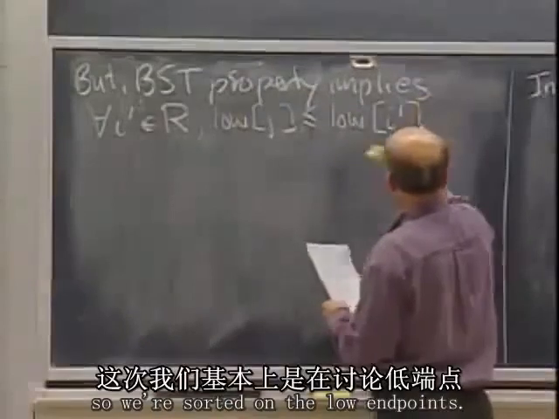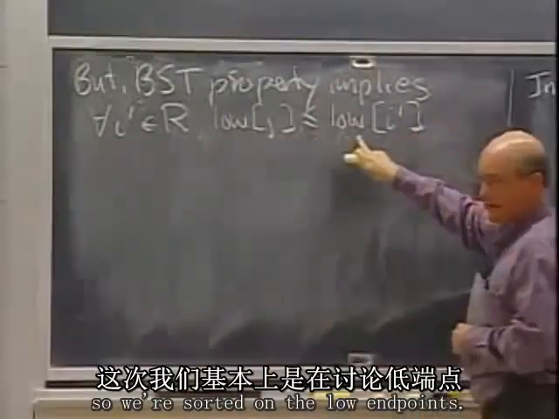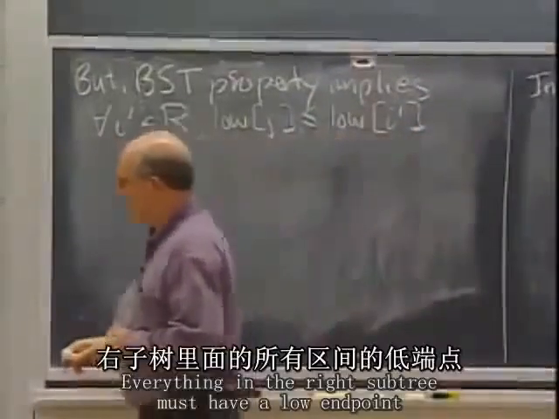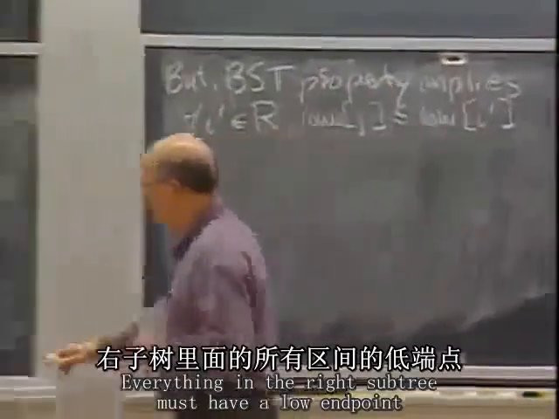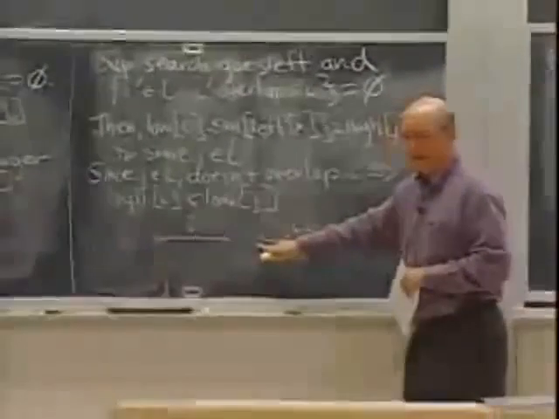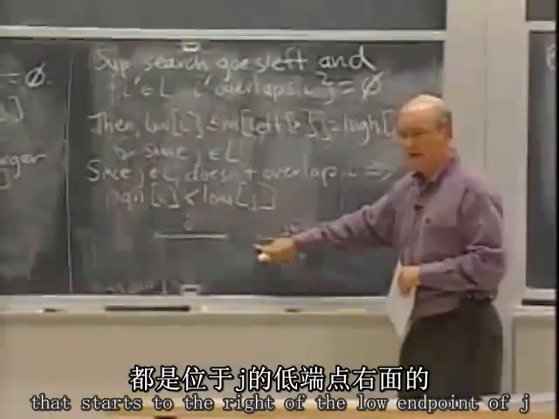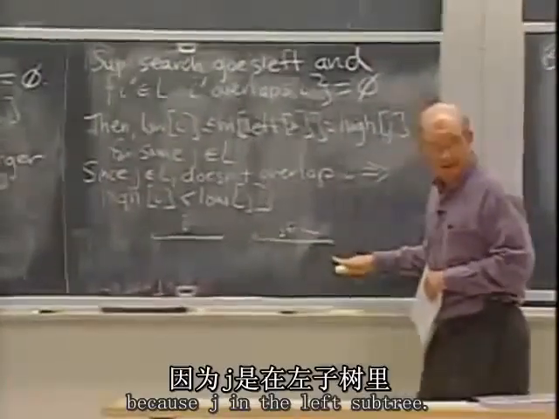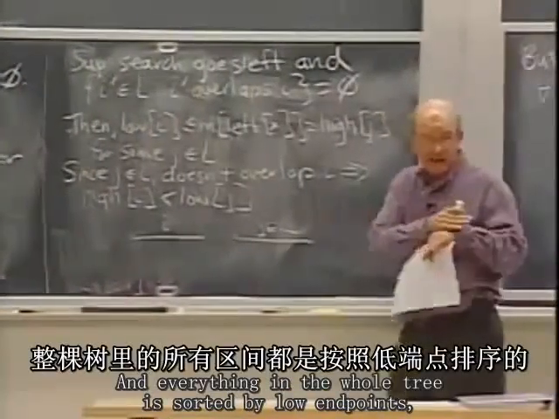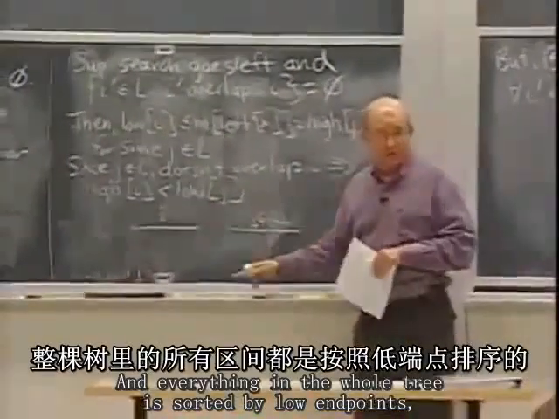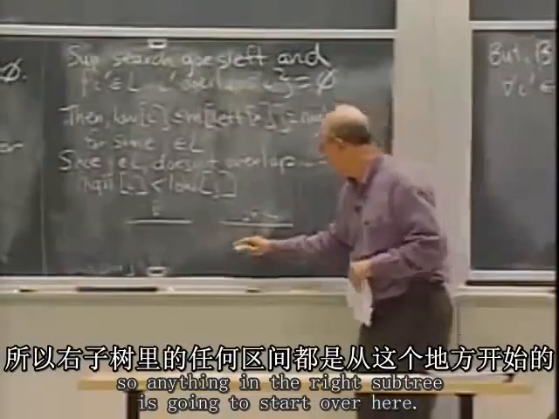So we're sorted on the low endpoints. So everything in the right subtree must have a low endpoint that starts to the right of the low endpoint of j, because j is in the left subtree. And everything in the whole tree is sorted by low endpoint. So anything in the right subtree is going to start over here.